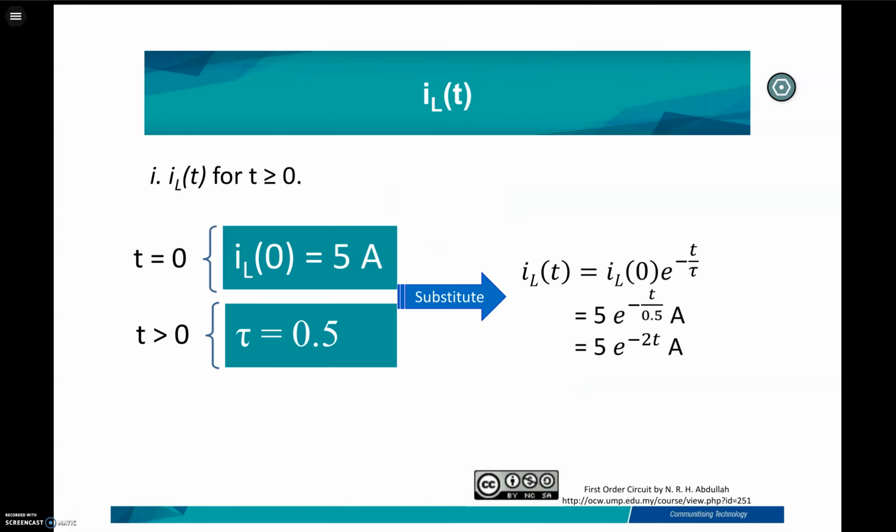You can substitute all the values from step 1 and step 2 into the equation of iL. iL(t) is equal to iL naught e to the power of minus t over tau. So iL naught is 5 and tau is 0.5, and you substitute that into this equation, and this is the final answer for iL(t).